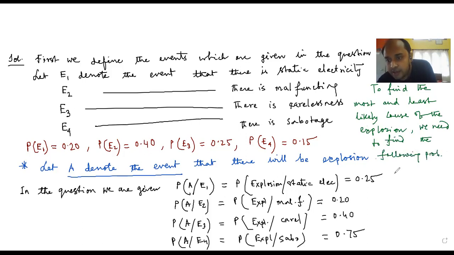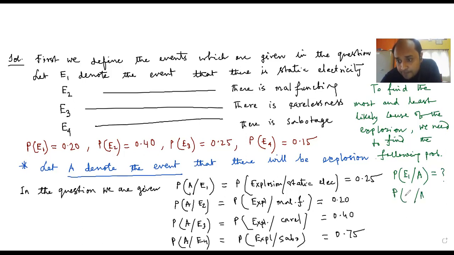We need to find the probability, given that the explosion has already occurred, of what is the chance that it is due to static electricity. So I'm interested in finding this probability.